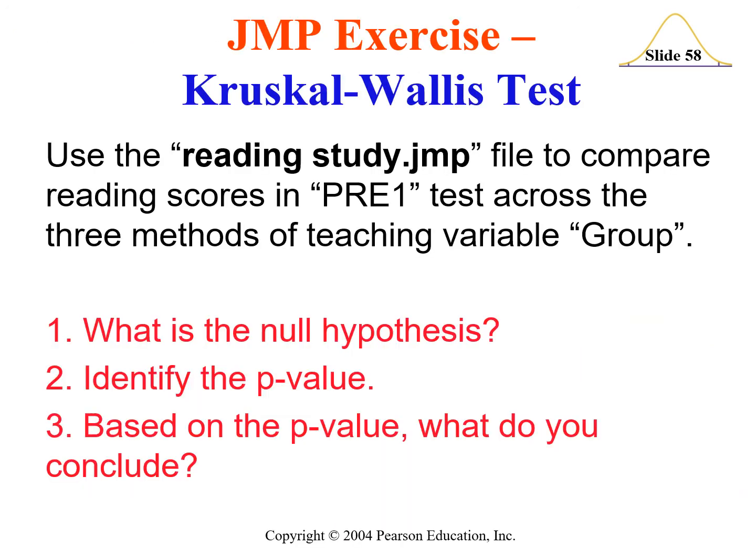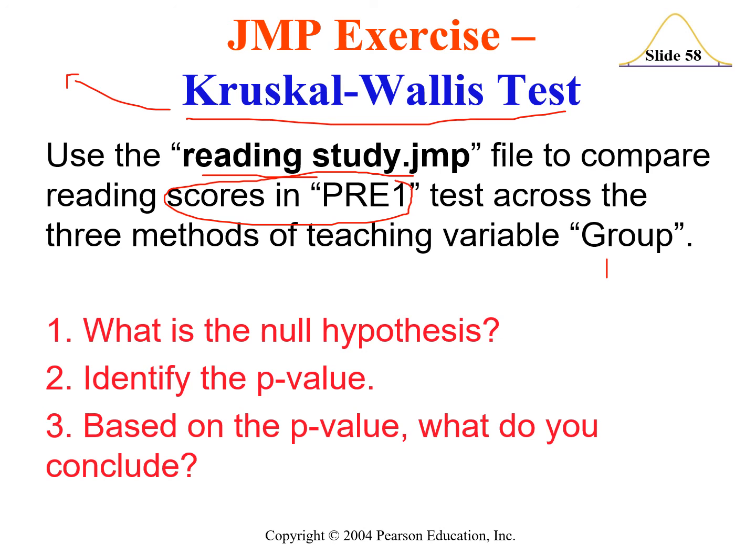The third case is about the Kruskal-Wallis test. The Kruskal-Wallis test corresponds to ANOVA, which means it is used for more than two independent samples. We use the file reading study. The file compares reading scores in the pre-test across the three methods of teaching. So in this example, we have scores of students, and we have a variable called group.